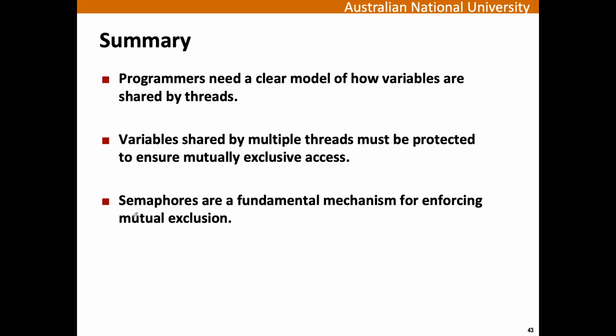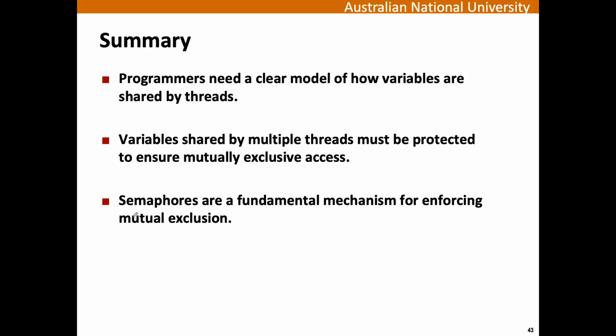Summarizing from the previous lecture, programmers need a clear model of how variables are shared by threads. You should be able to reason about which variables are shared using the analysis we did in the previous lecture. And the variables that are shared must be protected to ensure mutually exclusive access. That's what we've seen today.